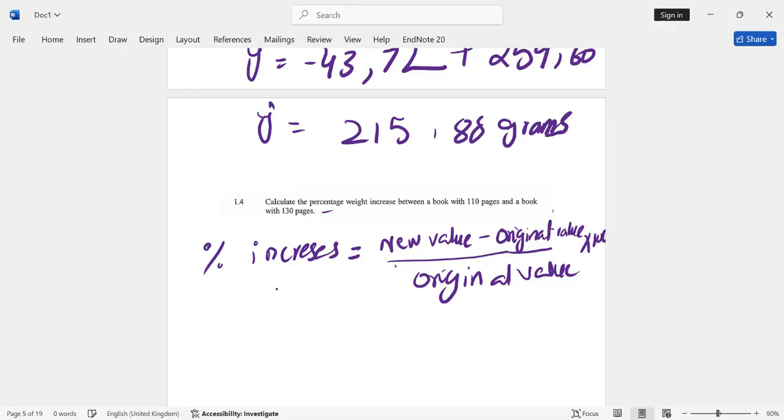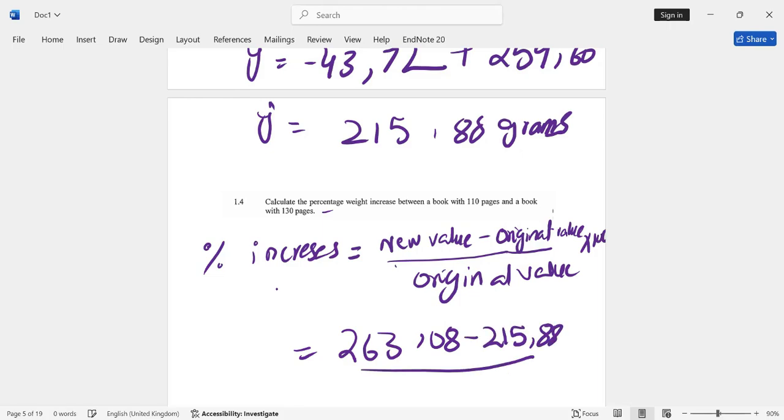I'm just putting in the values. The new value we got is 263.08 minus 215.88, divided by 215.88, and the whole thing is multiplied by 100 because we need to find the percentage.